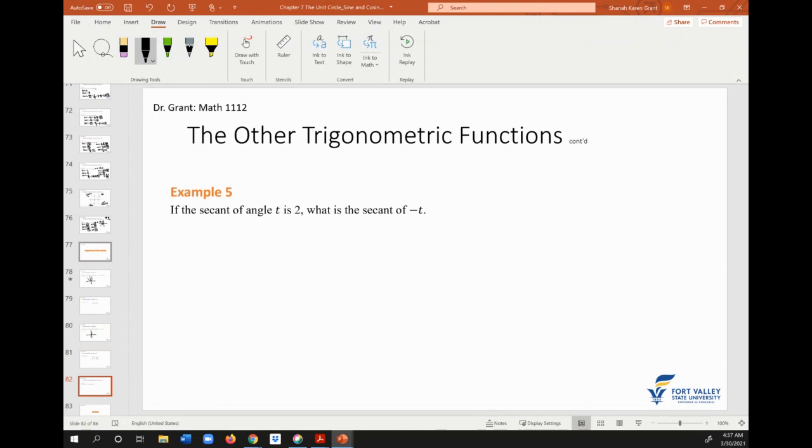So for instance, let's say we're told that secant of angle t is 2, and we want to know what is secant of negative t. Well, since secant is an even function, secant of t is equal to secant of negative t. So if this is 2, then this is also 2.